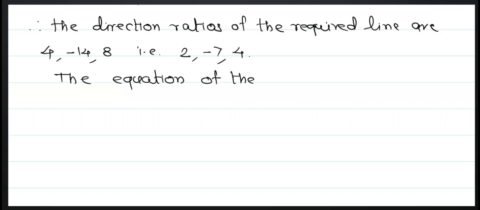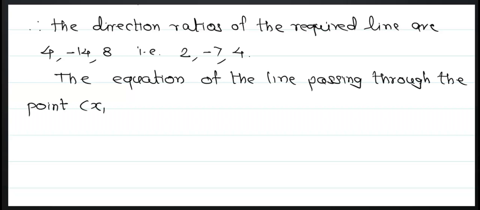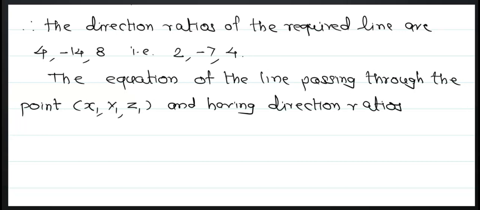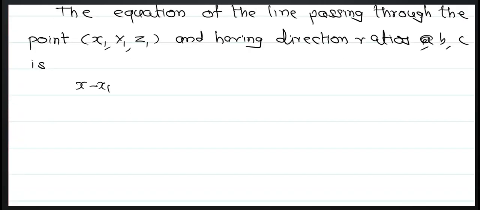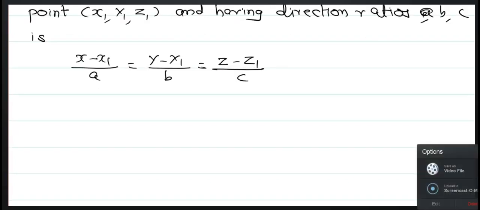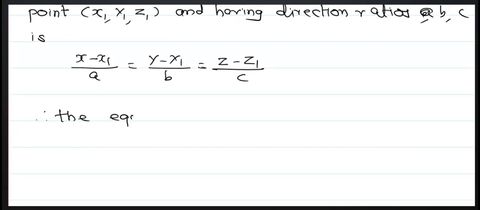And therefore, the equation of the line passing through the point (x1, y1, z1), that is (3, 1, 2), and having the direction ratios a, b, c, is (x minus x1)/a = (y minus y1)/b = (z minus z1)/c. Substitute the values.